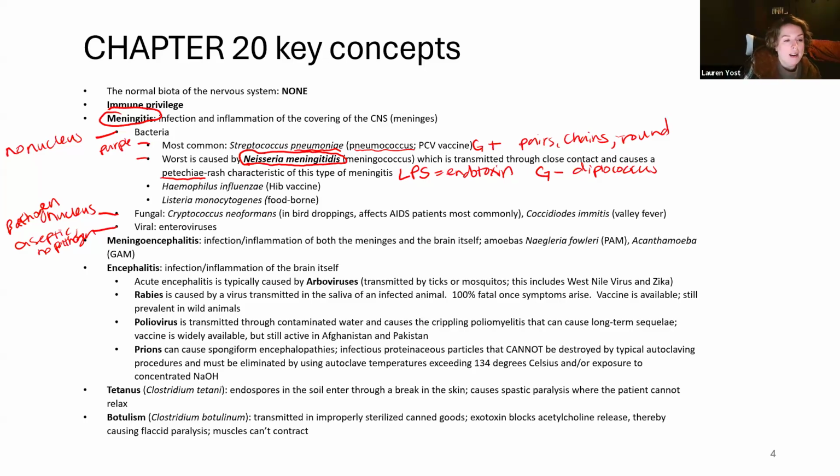If they are red pairs of round cells, then it's probably Neisseria meningitidis. Then we have Haemophilus influenzae. This is gram negative, and it's a bacillus. Whereas Listeria monocytogenes is a gram positive bacillus.